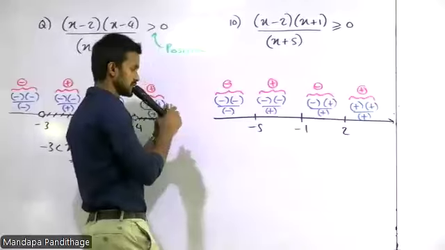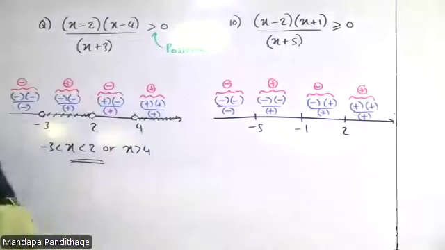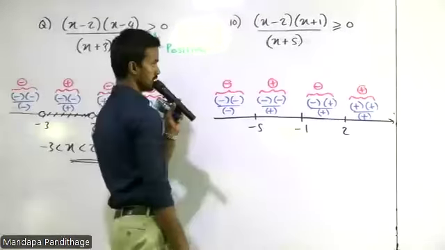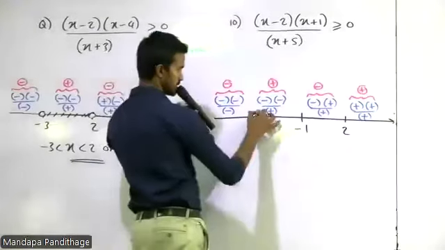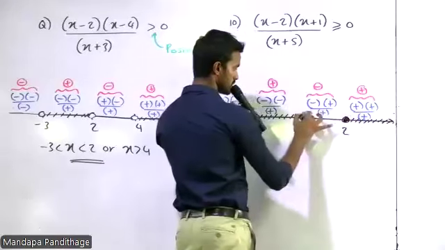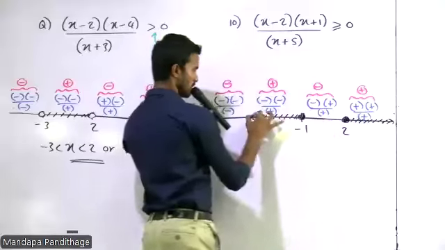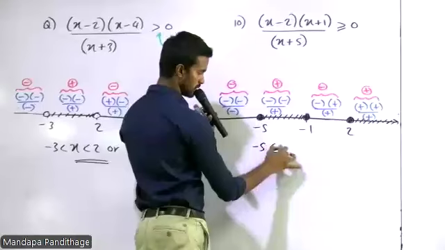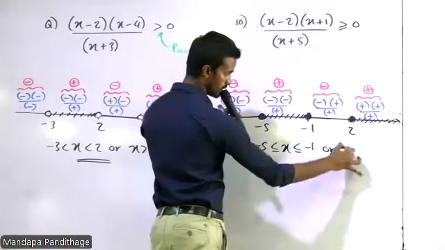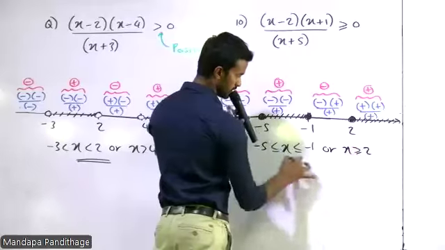But here they ask for the region that is greater than or equal to 0, which means this region and this region. I told you when there is equality, we have to consider the boundary values. Which means x is greater than or equal to minus 5 and less than or equal to minus 1, or x is greater than or equal to 2.